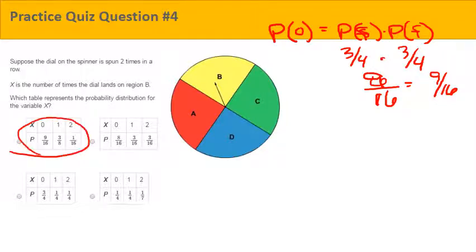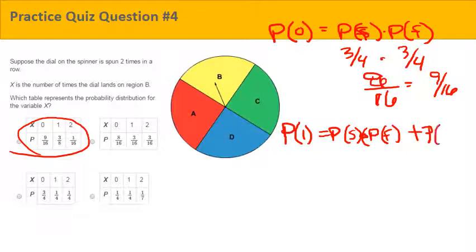Okay? So let me show you the probability of getting 1, and you will need these formulas. So the probability of getting x equals 1 means you have the probability of 1 success the first time and failure the second time. That's a times right there. Plus the probability of getting failure times the probability of success. So it could happen either way. It's either you spin a bee the first time and not the second time, or you don't spin a bee the first time and you do get it the second time.